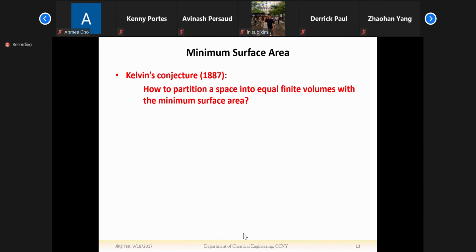We partition it into equal areas. Which structure should give us the minimum perimeter that separates the areas? Can you guess? Think about this 2D question. Actually, you saw this structure in the previous slides.